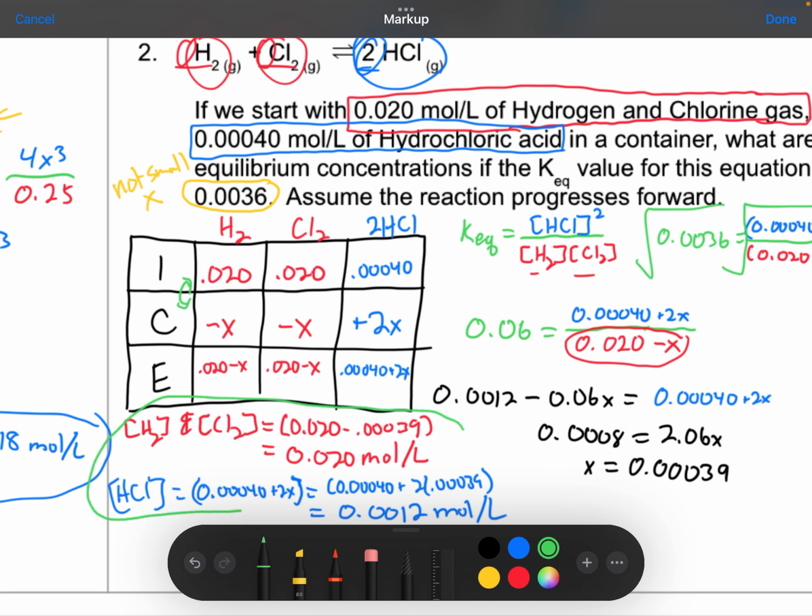Here is your answer for this ICE table problem.